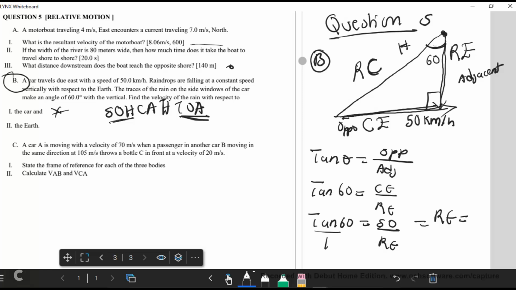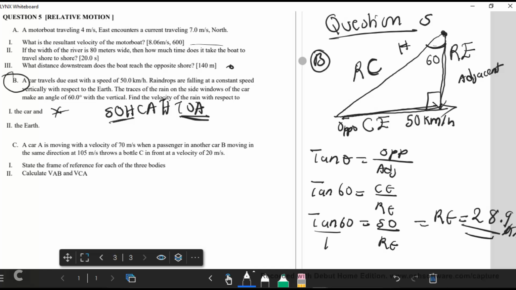50 divided by tan 60 will give you 28.9 kilometer per hour.